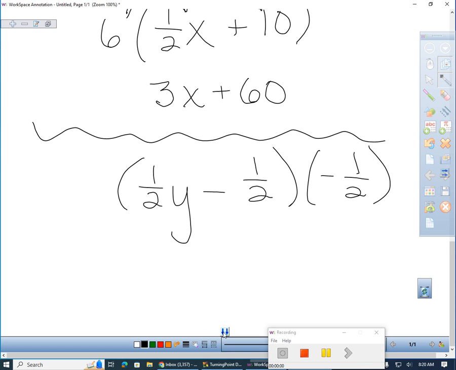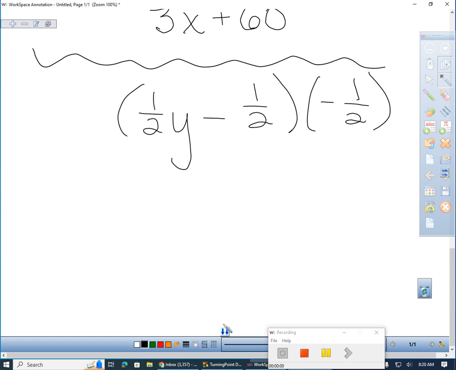First of all, which way do we really want to write this? -1/2 in front. I agree with Gina. So -1/2, parenthesis, 1/2 y minus 1/2. That's the first thing. I'd rather write it that way.